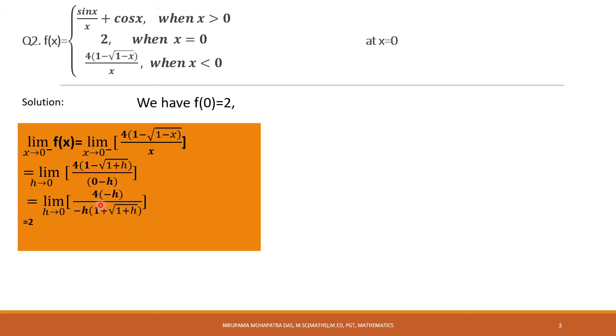This minus h, numerator and denominator, we can cancel them. So we are getting limit h approaches 0, 4 by (1 plus √(1+h)), and we don't have 0 by 0 form now after removing this minus h by minus h. So here the limit x approaches 0 minus f(x) equal to 2.